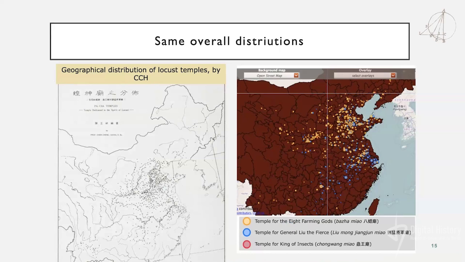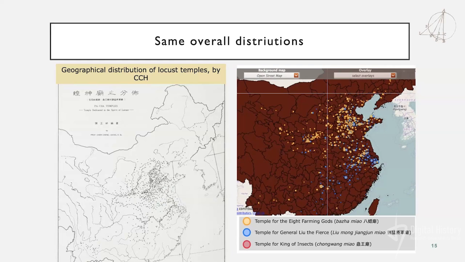But anyway, the distribution seems very similar. You can see the concentration here that corresponds to here, and then the Yangtze River region that corresponds to here, and there are some scattered points in the southwest here as well. Maybe there are some more, some less, but in general, the distribution seems very similar.